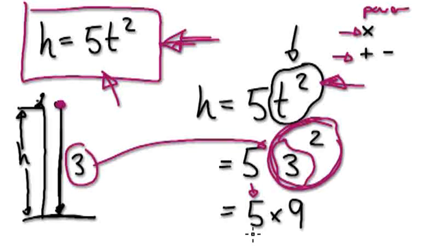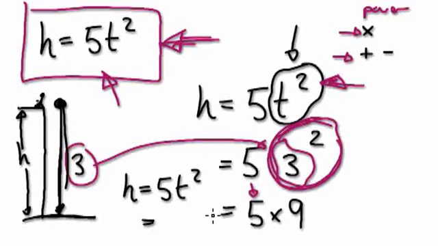All right, so let me start again here. Someone gives us a formula, h equals 5t squared. Now we know t's the time. It took 3 seconds for the cannonball to hit the ground. So let's put the 3 into the t. So it would be 5, t's 3.